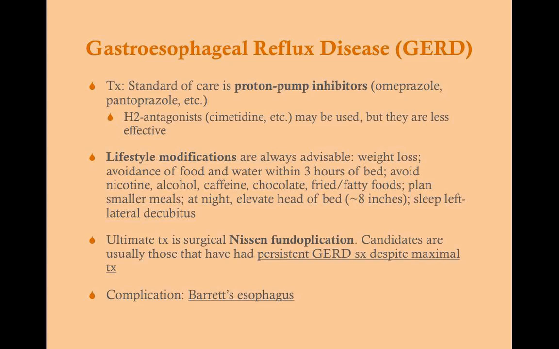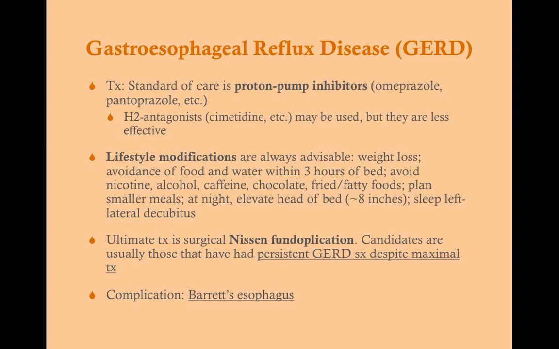Lifestyle modifications are advisable for any patient with GERD, regardless of their age or risk factors. So things like weight loss, avoidance of nicotine, alcohol, caffeine, chocolate, fried and fatty foods, those should all be avoided, of course. Smaller meals should be planned at night. The bed should be elevated about 8 inches.